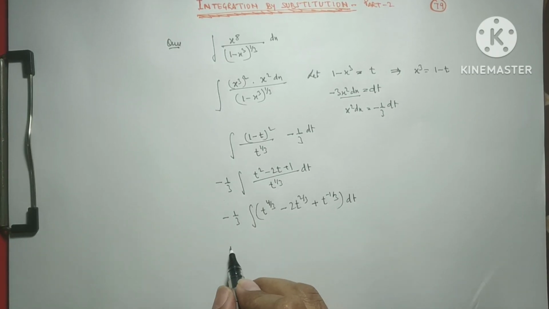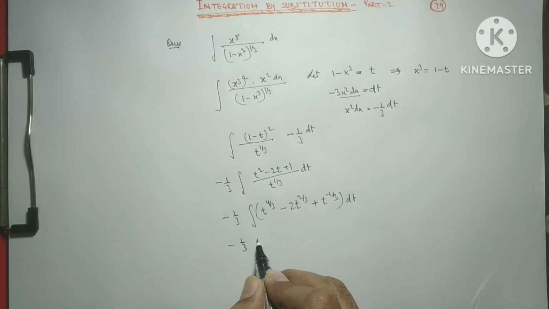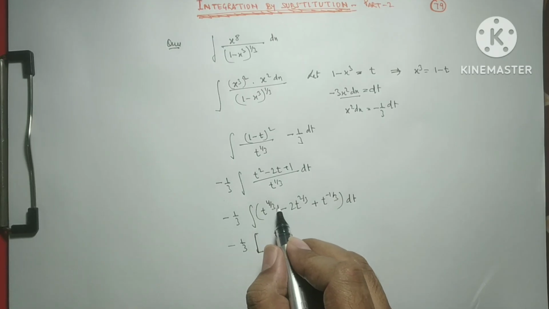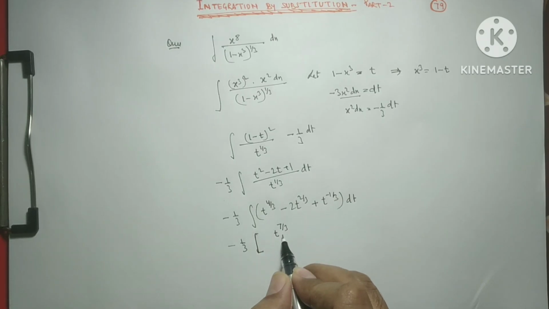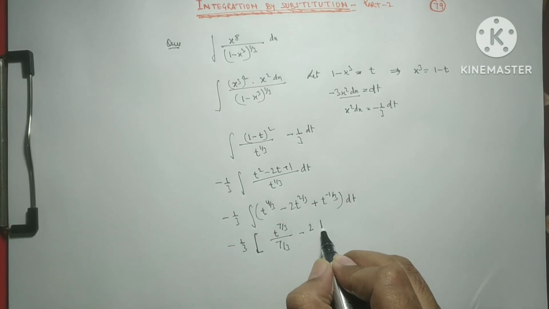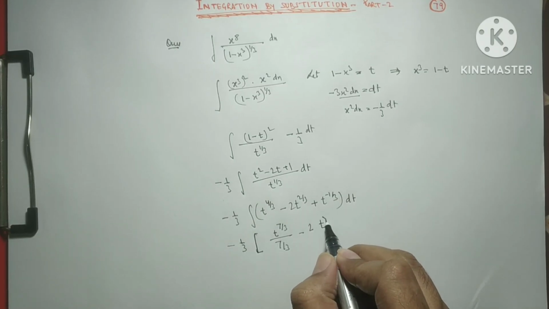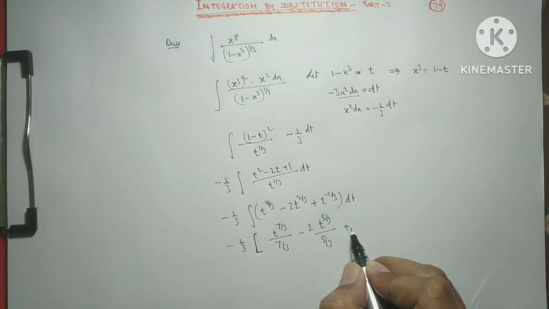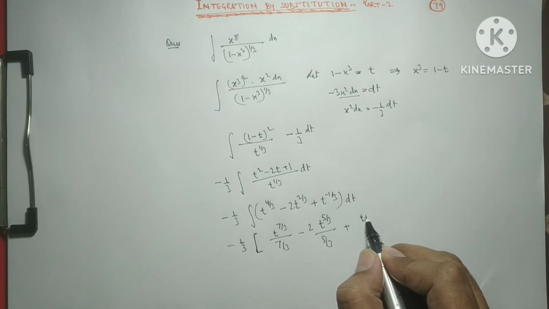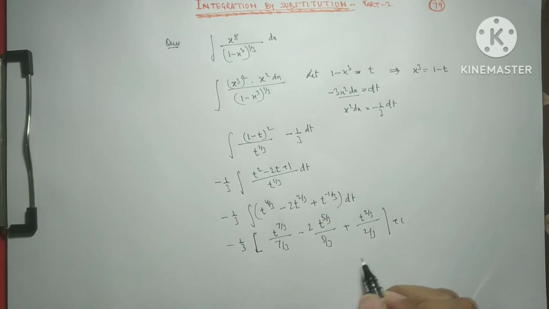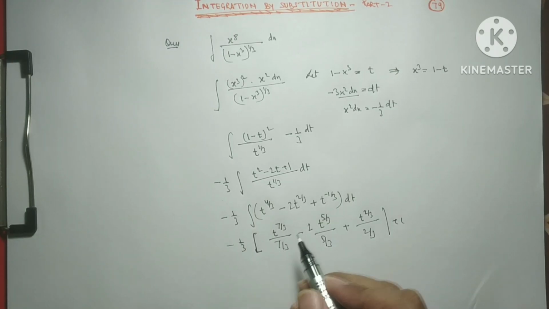Now we integrate this, we can use the x to the power n formula, the plus 1 formula. t to the 4 by 3 plus 1 becomes 7 by 3, and we divide by 7 by 3, minus twice of t, on adding 1 we get 5 by 3, and we divide by 5 by 3, and there is minus 1 by 3, so we get 2 by 3, and divide by 2 by 3, plus c. And we put the value of t also.